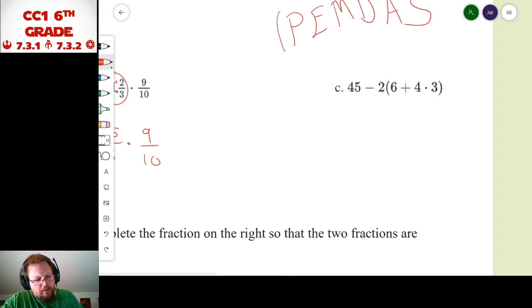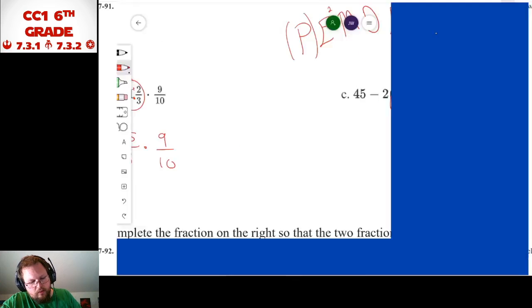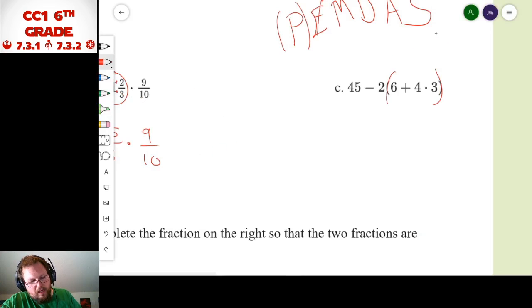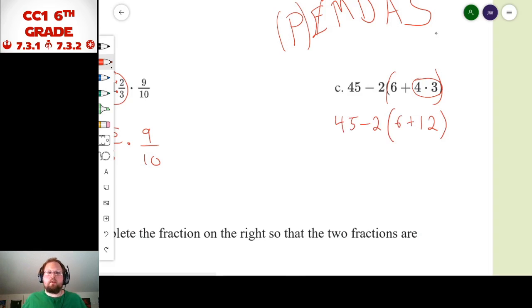And it's the parentheses first, and you look in the parentheses first. There's no exponents. There is multiplication. So I do 4 times 3 to get 12 first. And then you continue the problem. You go back to the parentheses, then do the work inside.